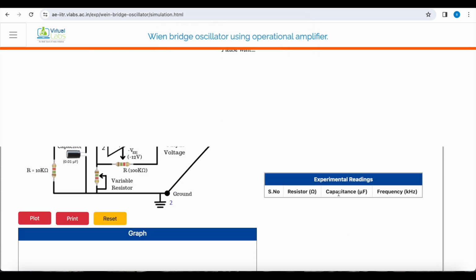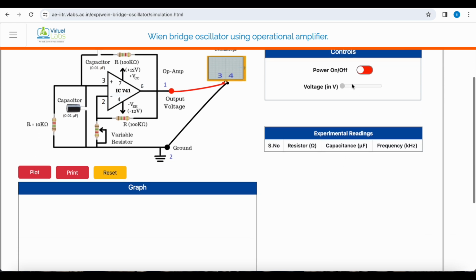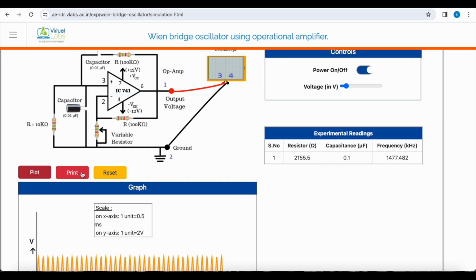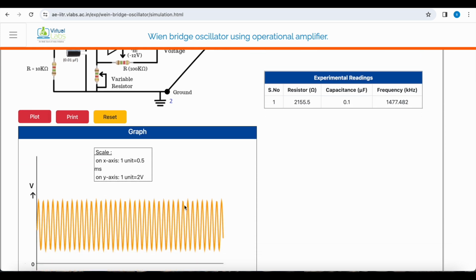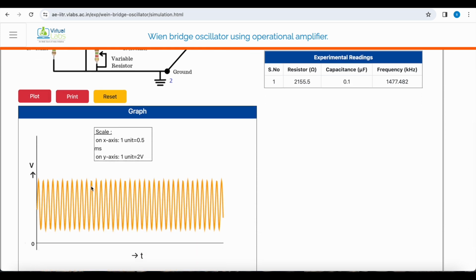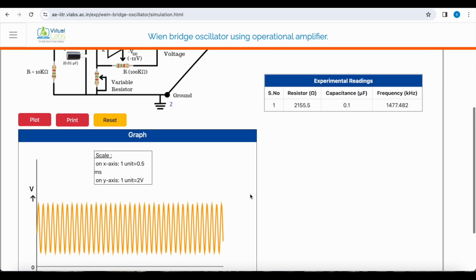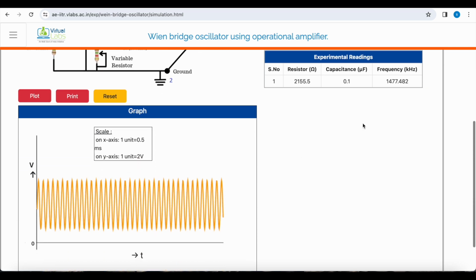This time we'll take just one or two values of R1 and then we'll plot. Now if we plot it for this value of R1, you can observe the output. It is a sinusoidal output here, and the frequency is as observed in the table. It is 1.4 megahertz. And thus this oscillator is working as Wein bridge oscillator.